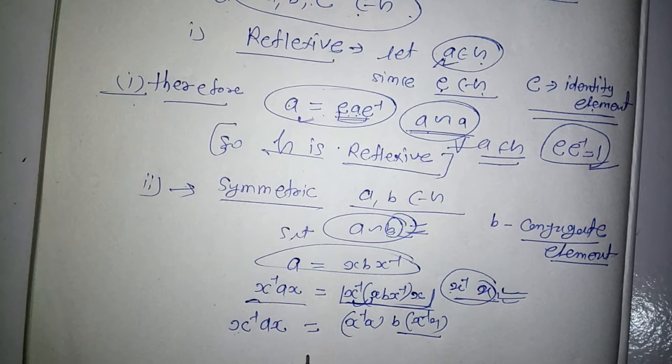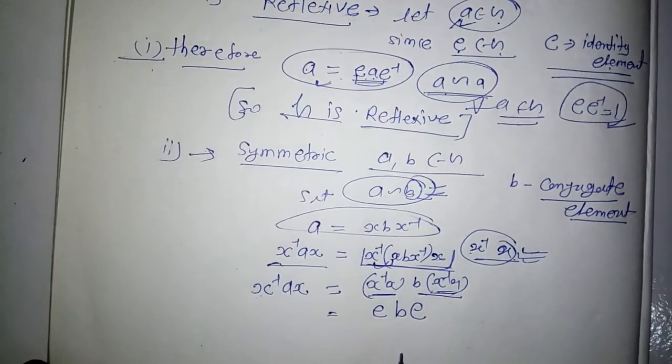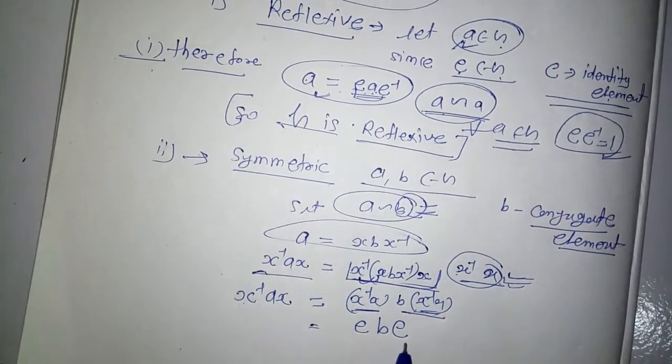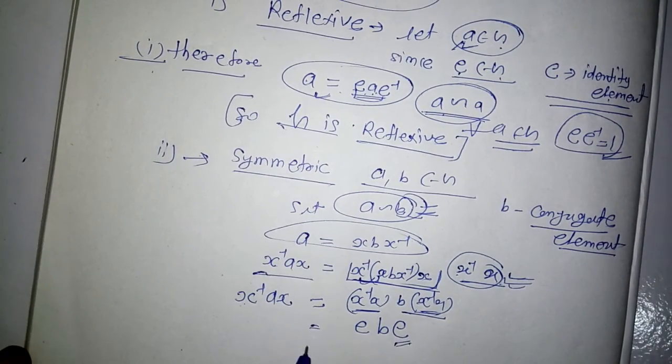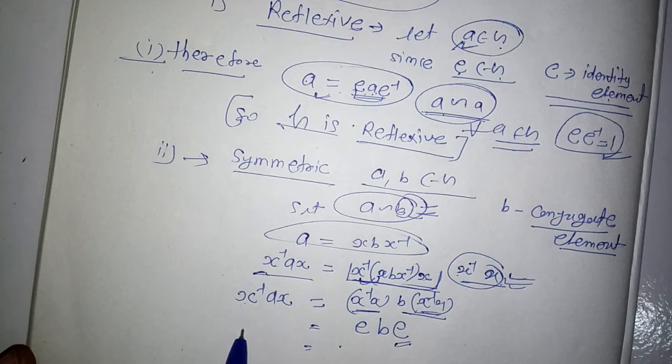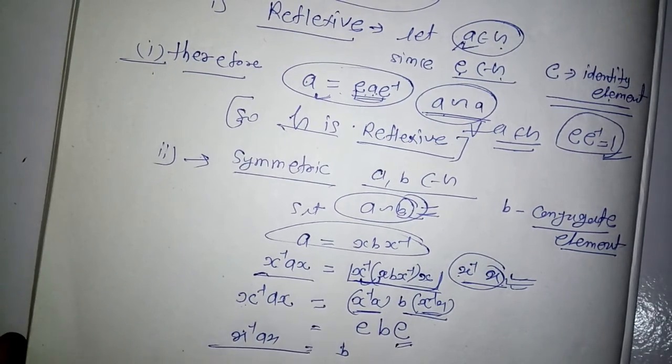Okay, and this is E, B, and this is E, students. What is the E? We already know that E is the identity element, students, and now we can say that B X inverse A X.